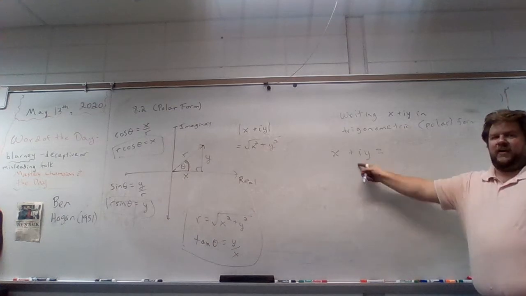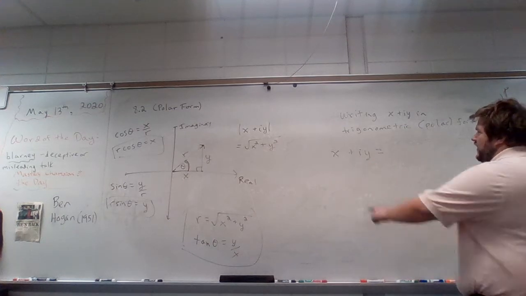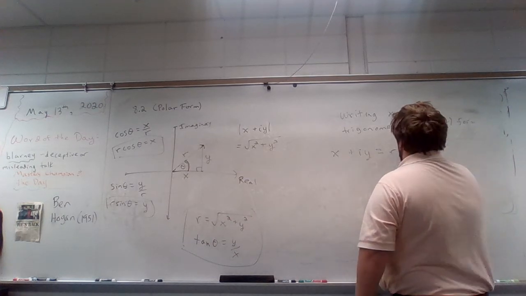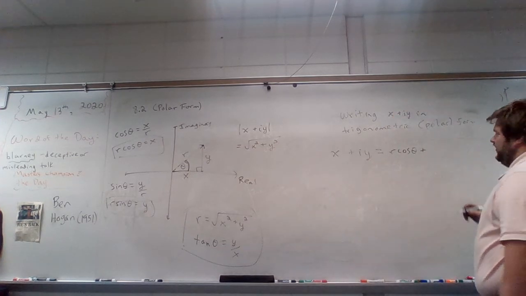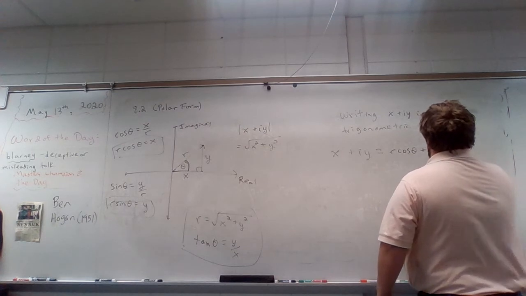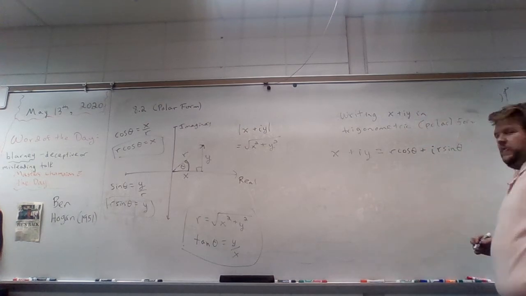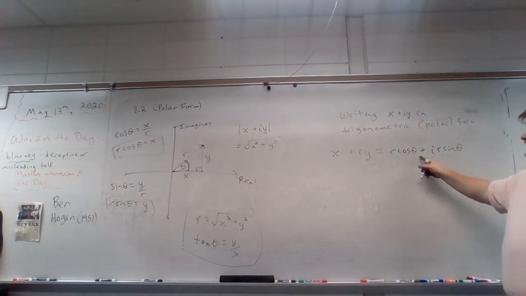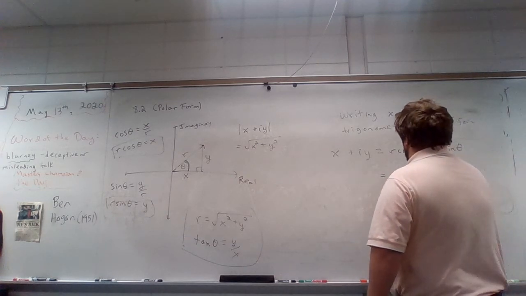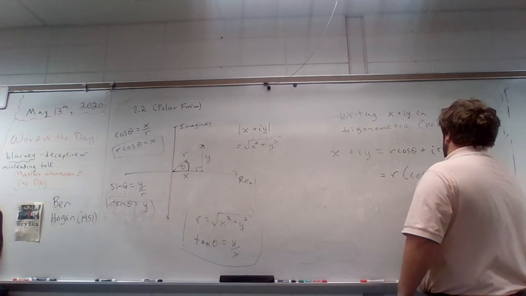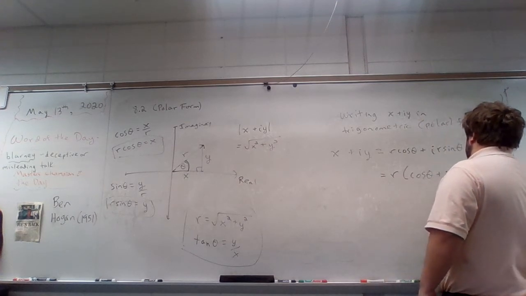And when I'm talking about my complex number x plus iy, I know that x is this r cosine theta. And I know this y is this r sine theta. So I really just plug those in. And you may see they both have a common factor of r, so I just factor that out. So it's r times cosine theta plus i sine theta.